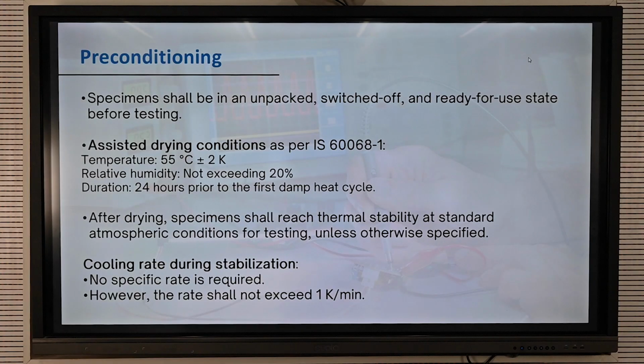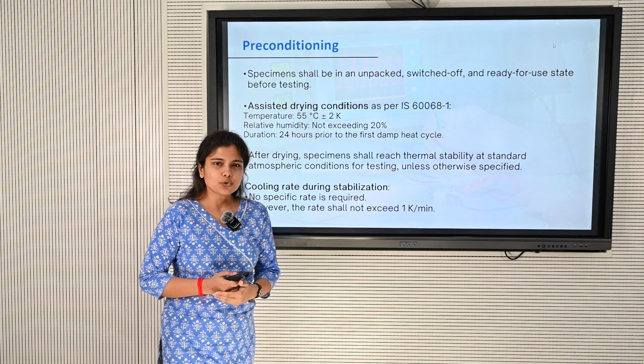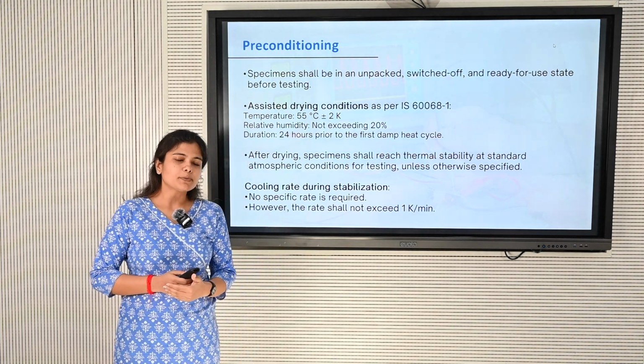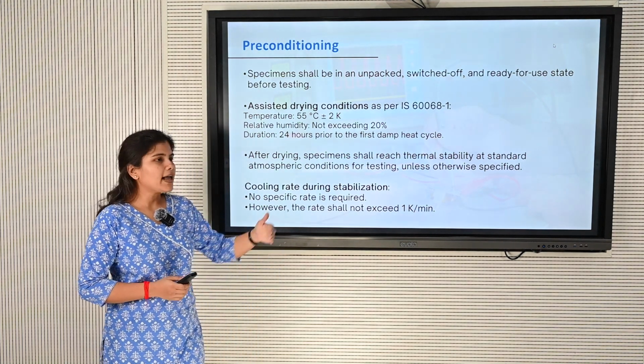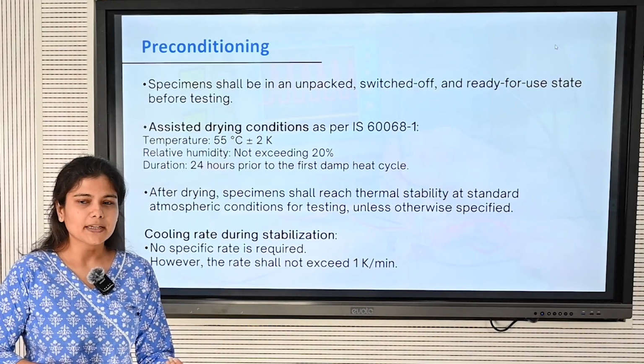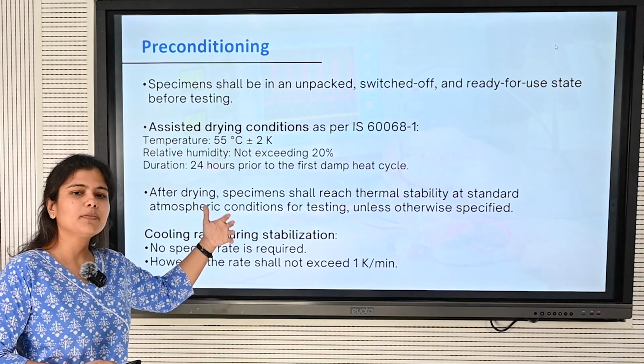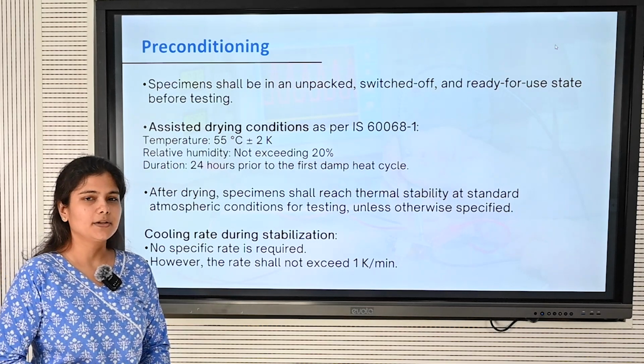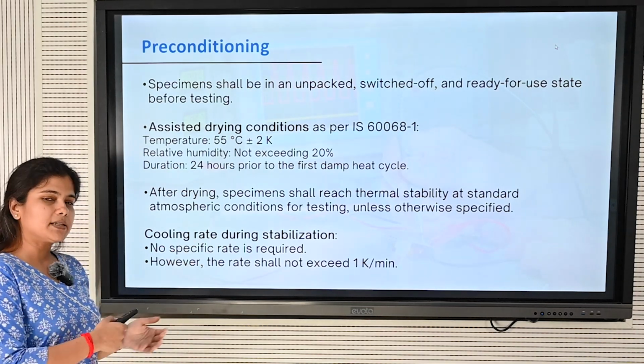During the assisted drying stage, the temperature should be 55 degrees centigrade plus 2 Kelvin. The units that are to be used are also specified. While we are doing the documentation, it has to be in the same unit. We cannot use any other unit other than those specified here.